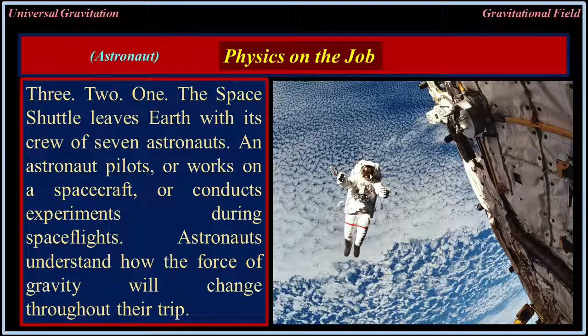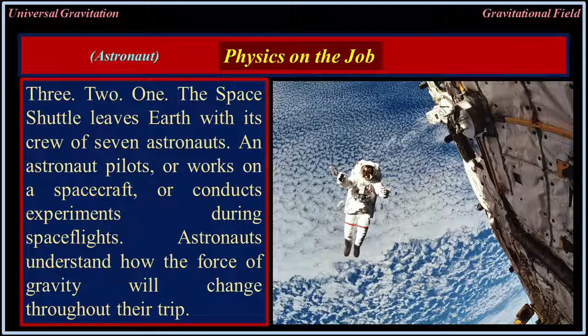Astronaut, physics on the job. 3, 2, 1. The space shuttle leaves Earth with its crew of 7 astronauts. An astronaut pilots or works on a spacecraft or conducts experiments during spaceflight. Astronauts understand how the force of gravity will change throughout their trip.